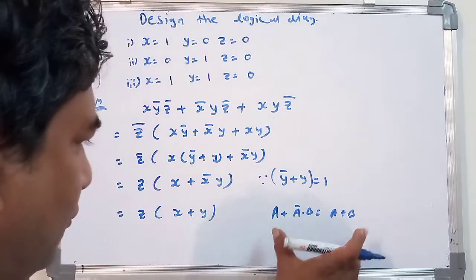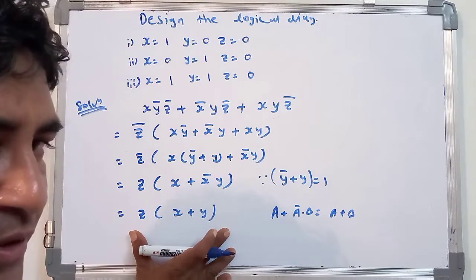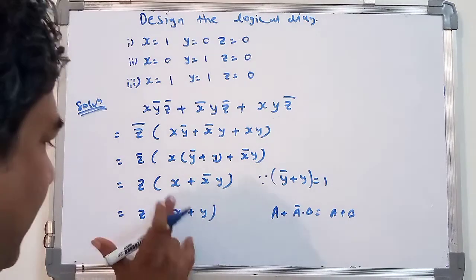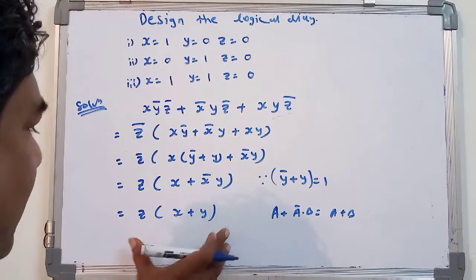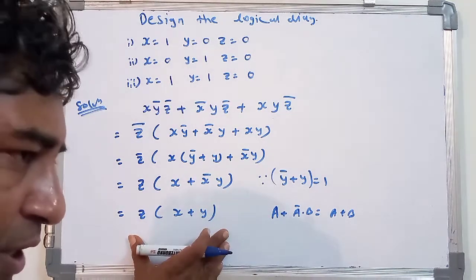Okay students, so now we have got this one equation, that is z bar in bracket x plus y. Now it is very simple for the student to draw the diagram, that is, a logical diagram.